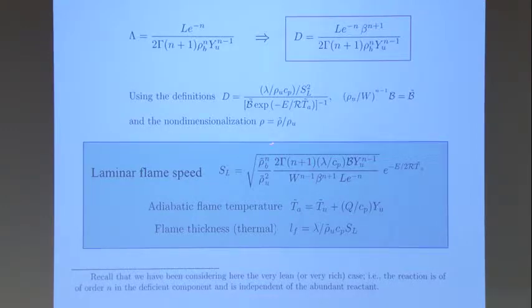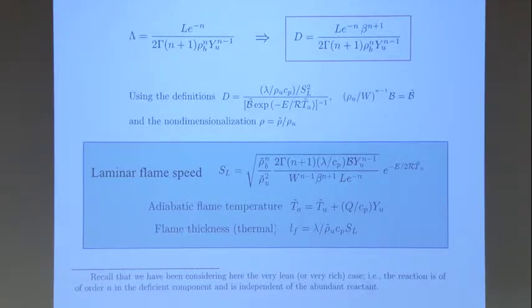In this case, it's the deficient reactant. It depends very strongly on the adiabatic temperature because this exponential is probably one of the most influential factors in this expression. But we're going to see that all these things matter. So we're going to go through this in a second.